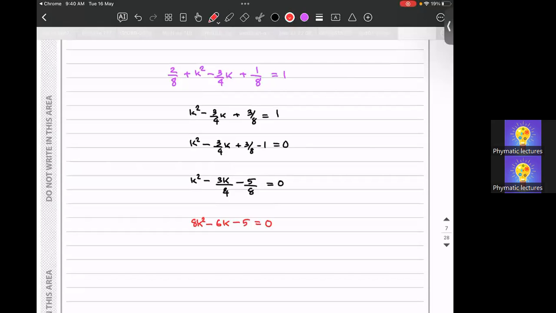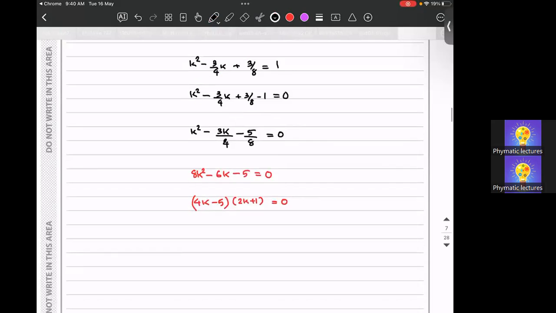If you are factorizing this, we can say that it is 4k minus 5 into 2k plus 1 is equal to 0. I'm not going into the factorizing part, that you already know.